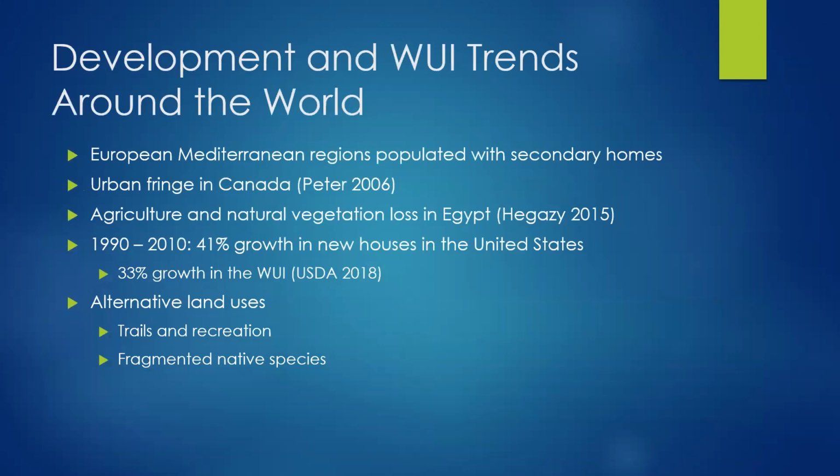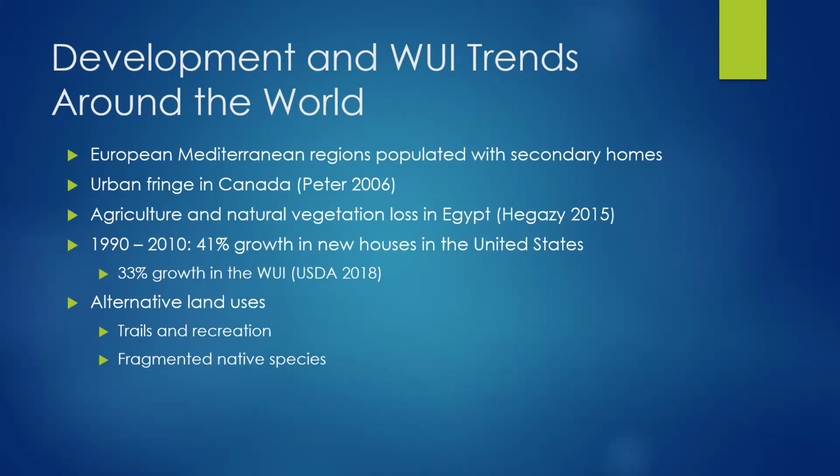And the wildland-urban interface and these wildfire trends aren't just a phenomenon of the United States. This is actually occurring all over the world, and especially in Mediterranean areas, such as places along the coast of Spain, near Catalonia, places around islands in Italy, even Northern Africa. But in Europe, they're populated by secondary homes.